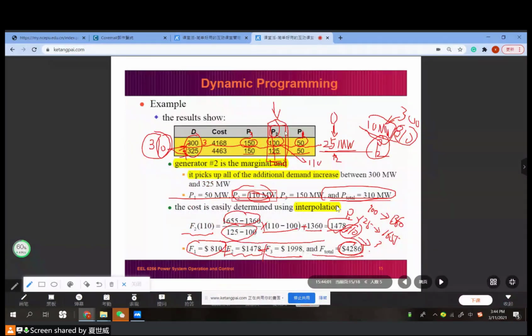One is supported by generator 2 and the other is supported by generator 1. Then you compare these two cases together to find which is better. If two generators change, you should compare the two cases.